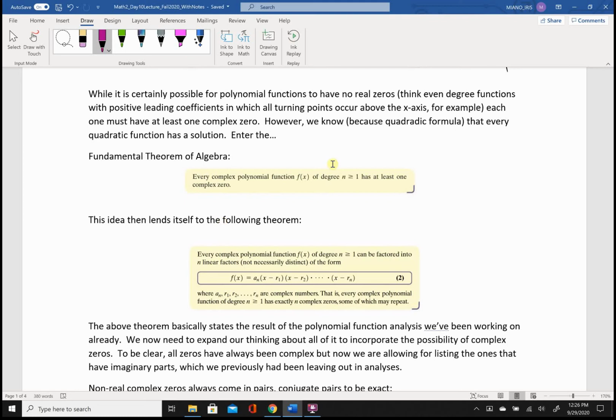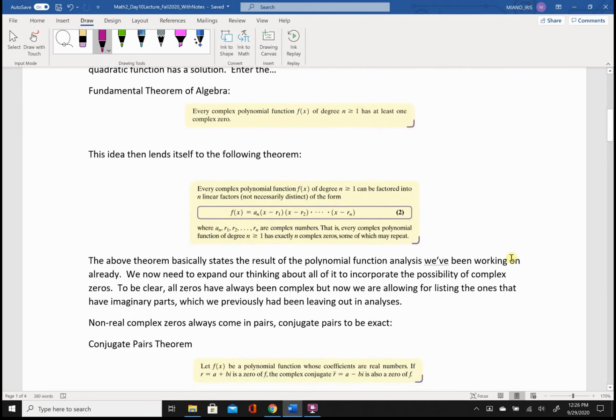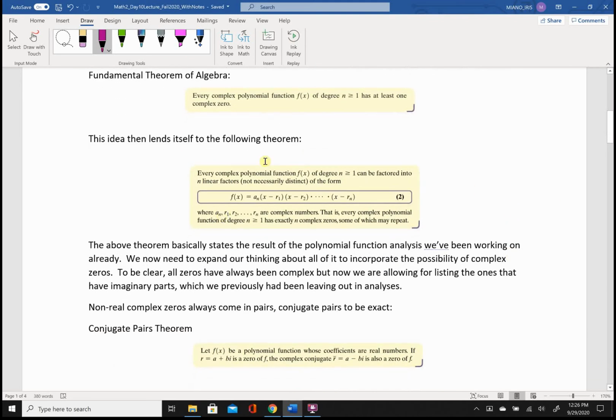So this is to say that every complex polynomial function f of x that's not constant, right? Or no, it could be linear actually, n could equal 1.